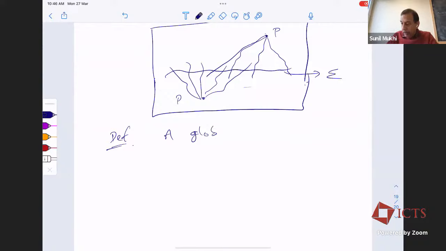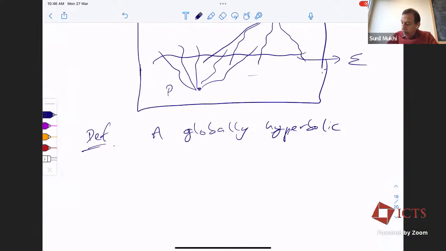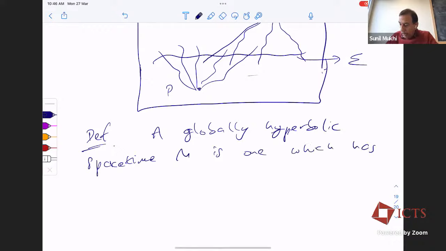Now, there's an immediate corollary definition, which follows, and this is easy: a globally hyperbolic space-time M is one which has a Cauchy hypersurface.